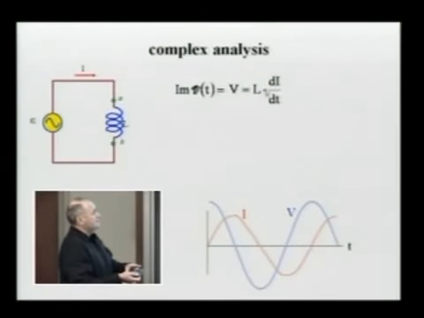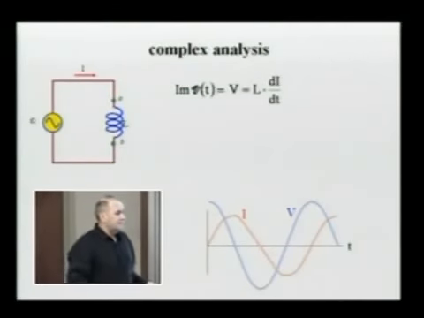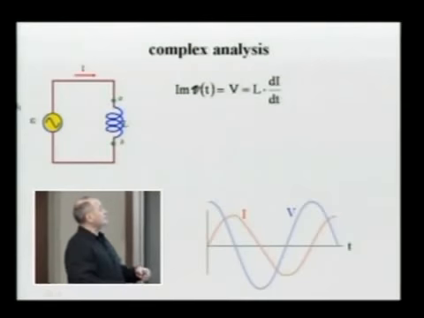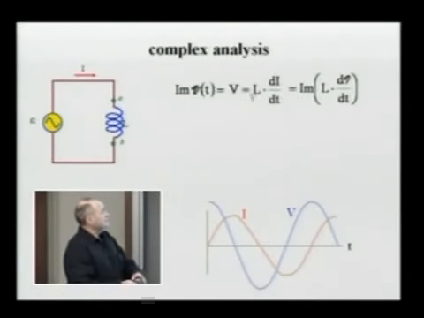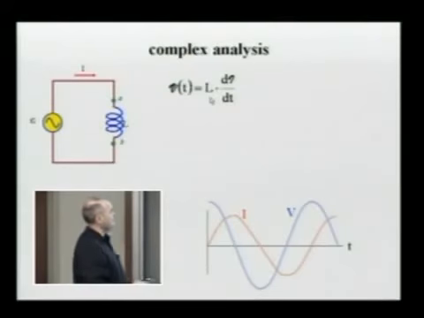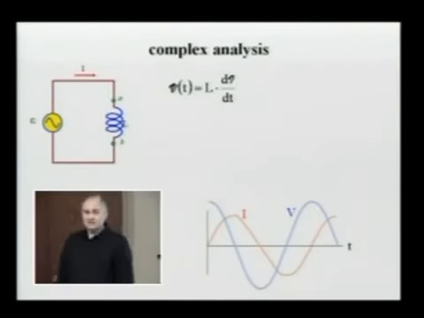And since when we calculate derivative of a complex number, we separately calculate derivative of the real part and imaginary part. And since L is a real number, I can recognize that this expression is imaginary part of such a product. So I can now relate complex voltage and complex current by the same relationship as voltage and current are related.